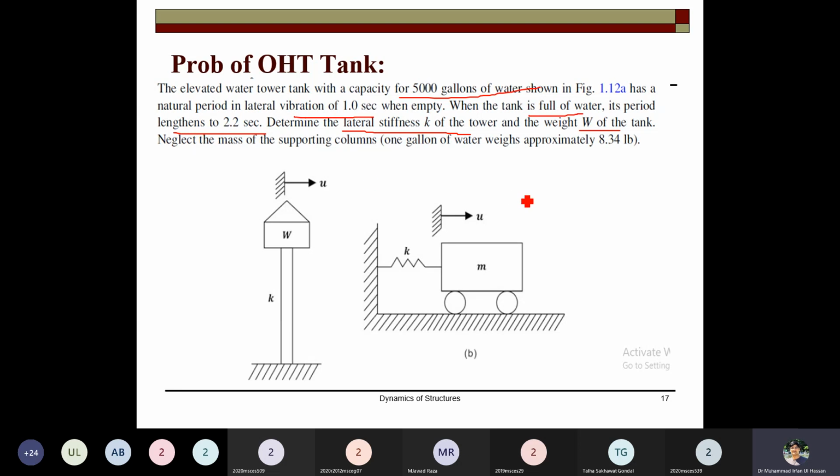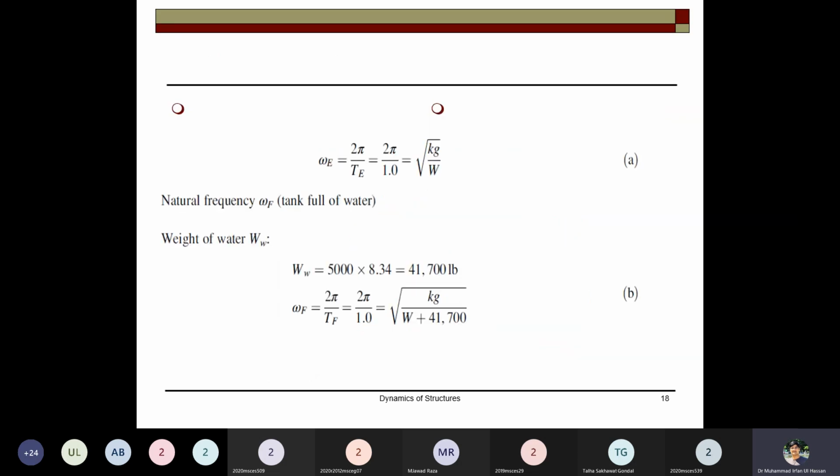So this can be represented by the spring mass system. And then you can compute the omega value for the empty case, omega E, equal to 2 pi over TE.